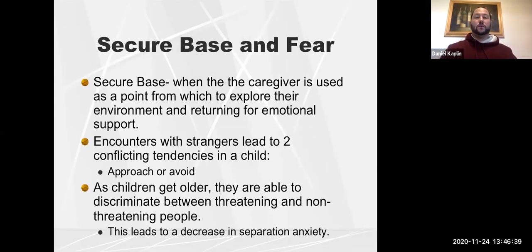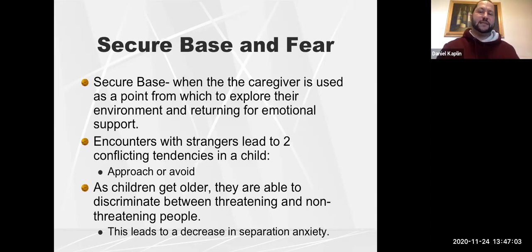Now, we also need to know the role of a secure base. The reason why there's anxiety is that a caregiver, a parent, oftentimes will serve as a secure base for the child. And that sends safety cues, that it's okay to explore, and it reduces the danger cues.